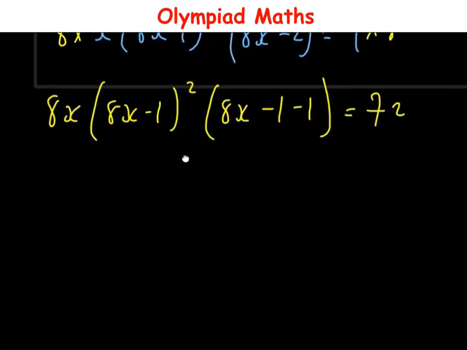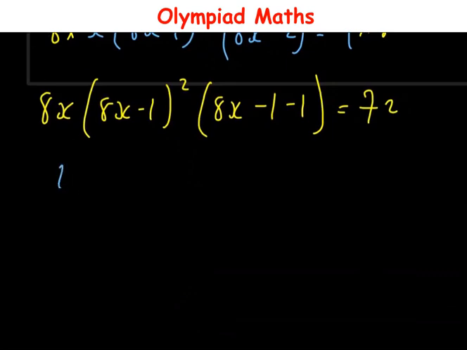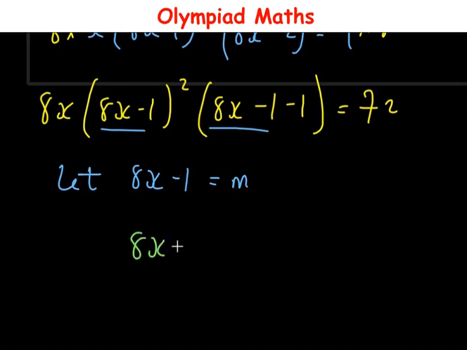So at this junction, we are going to say let 8x minus 1 equal m. We have 8x minus 1 here, and we have 8x minus 1 here. So let it equal m. And solving this equation, if we move minus 1 over to this side, 8x is equal to m plus 1.